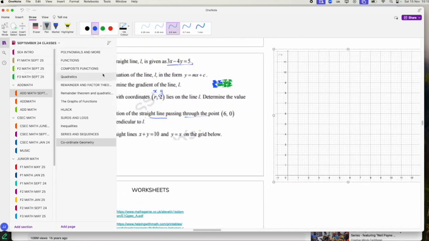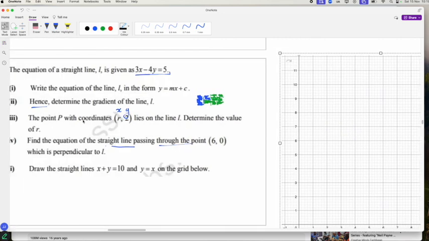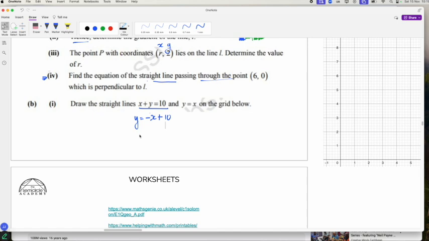These lines, I'm going to put this line here in the form y is equal to mx plus c. And immediately you are supposed to be able to look at this and tell that this line is going to have a negative gradient and it's going to be cutting at 10.